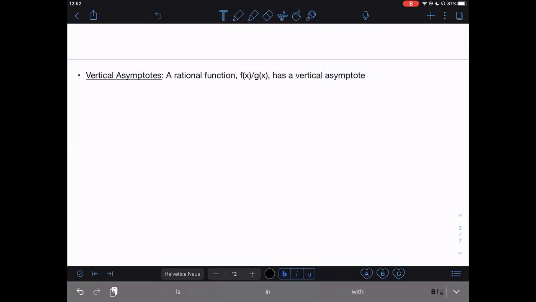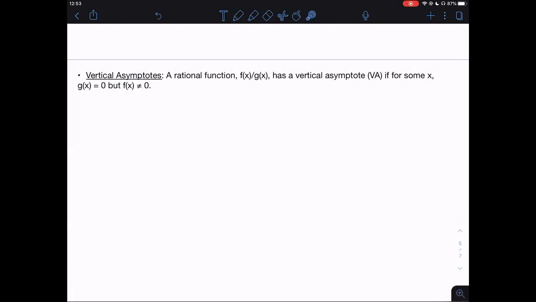A rational function has a vertical asymptote, which I'll denote as VA from now on, at x if, for some x value, we evaluate the denominator, the bottom function, at that point and it gives us 0, but the numerator is not equal to 0.